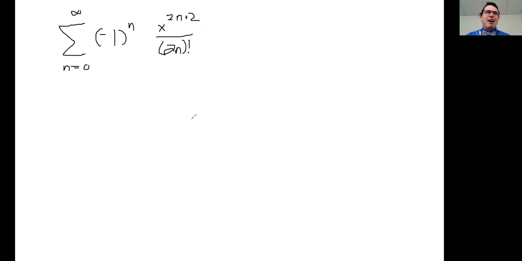Let's look at a sum, n equals 0 to infinity, minus 1 to the power n times x to the power 2n plus 2, all divided by the term 2n, which has been factorialized.